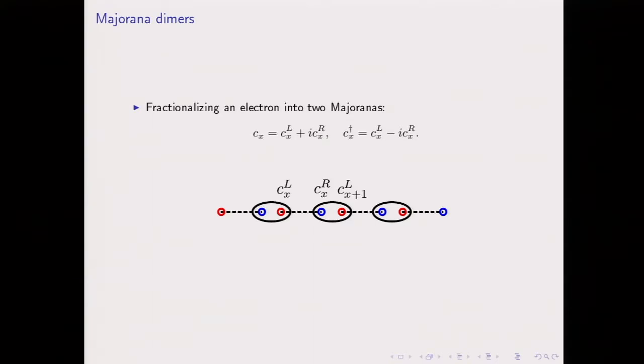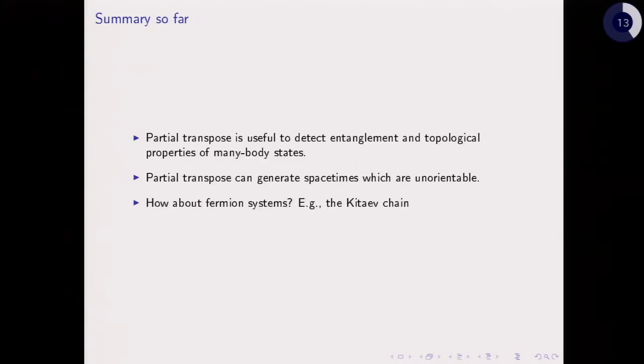We split this fermion operator into two real fermion operators, and we form a pair, not within the site, but an inter-site pair of these Majorana fermions. That is the graphical representation of the ground state of the Kitaev chain, if it is in the topological phase. Okay, so this is an example of a topological phase of fermions, and it has entanglement as well.